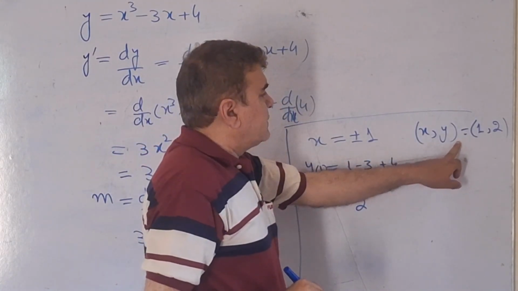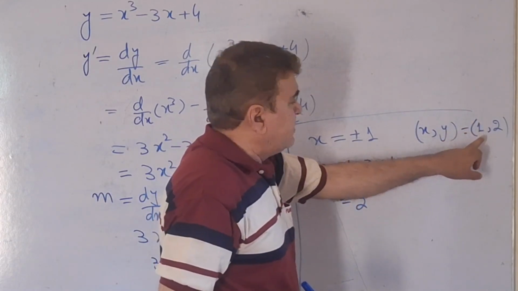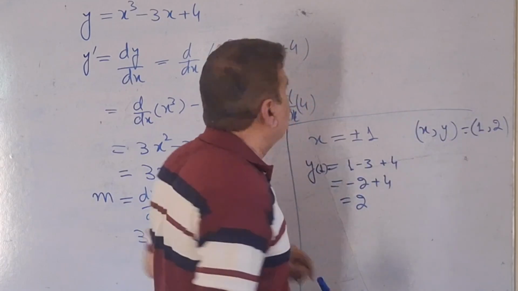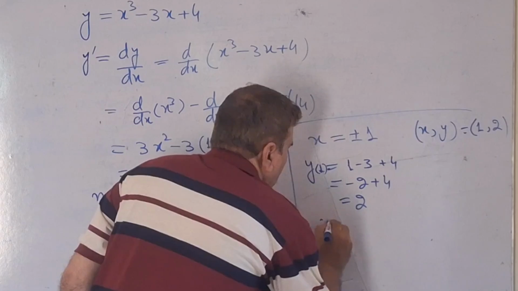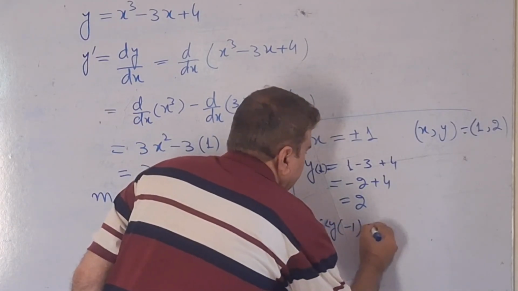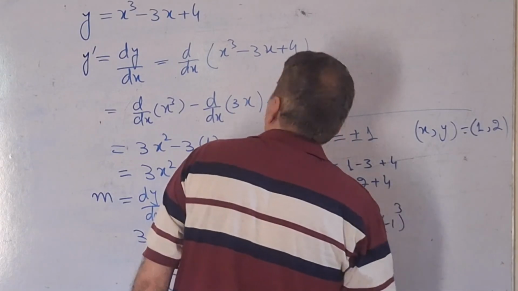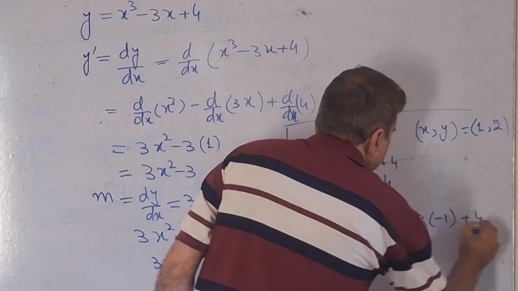This means one tangent line which is horizontal, or parallel to the x-axis, touches the curve at this point. The second one corresponds to y at x equal to minus 1, which can be found as minus 1 cubed is minus 1, then minus 3 times minus 1 plus 4.